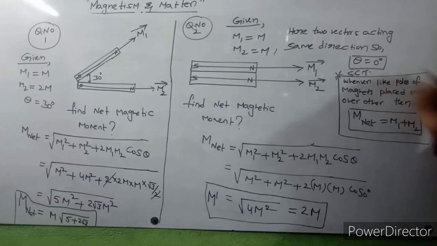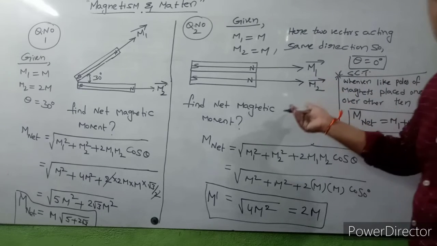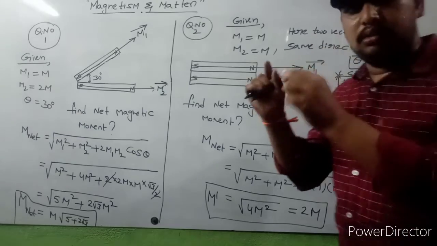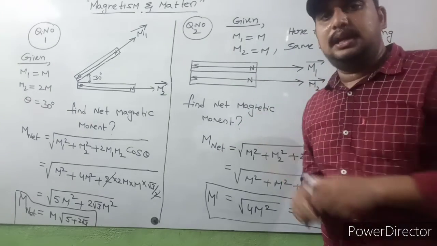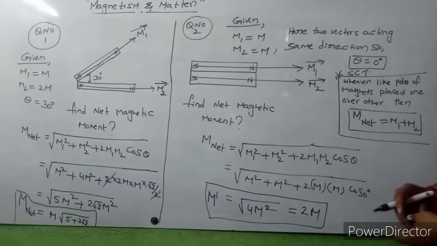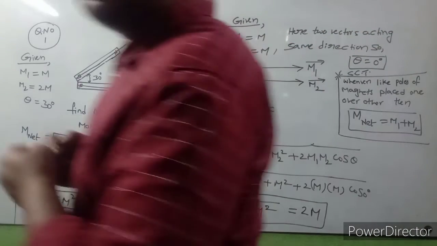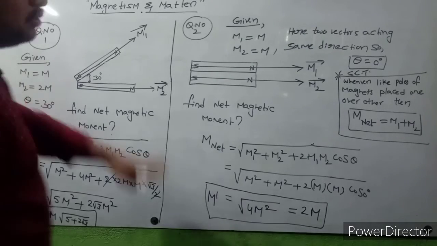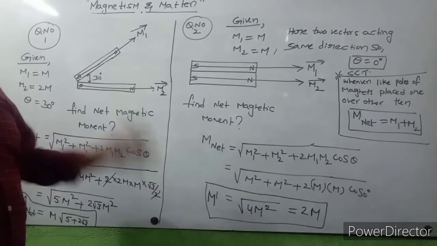This is a shortcut trick. We can solve this question by using this method very easily. Whenever two like poles are placed one over the other, the net magnetic moment formula is m1 plus m2. So these are the solutions for these questions. This type of questions are asked in examination.